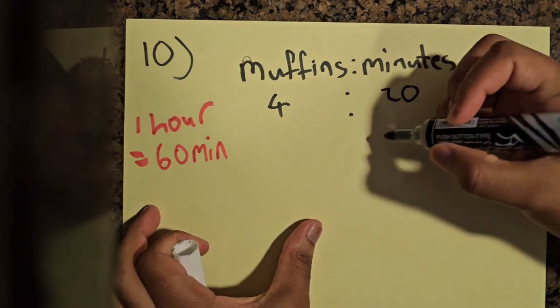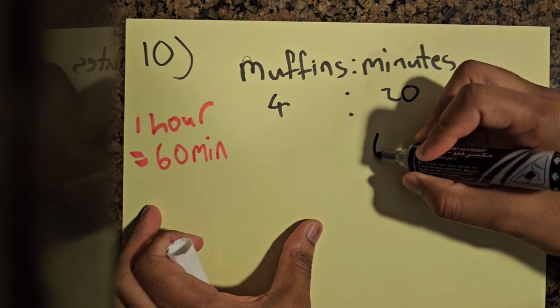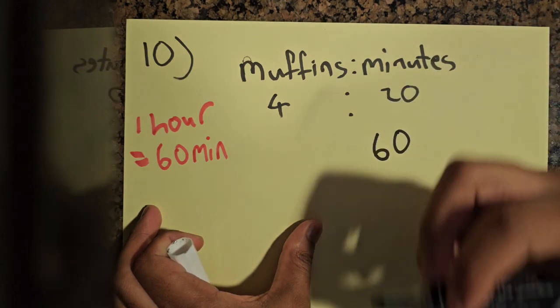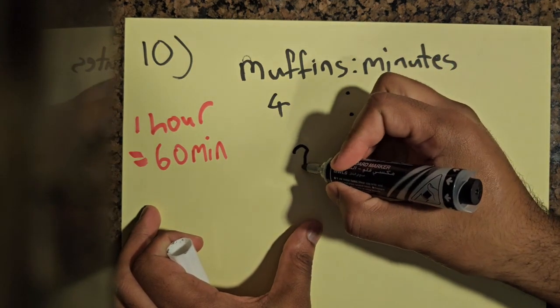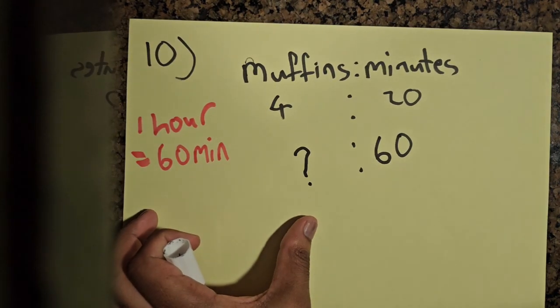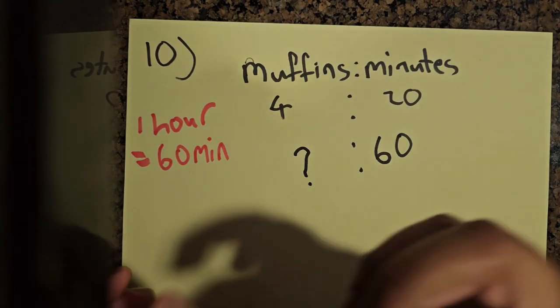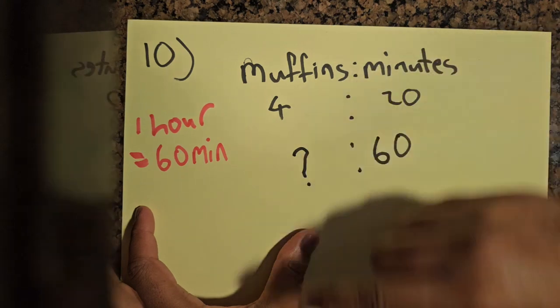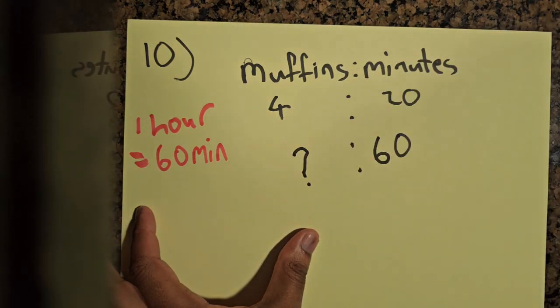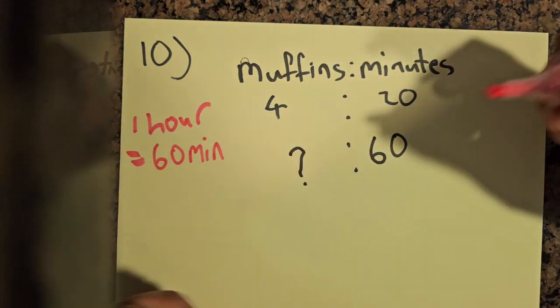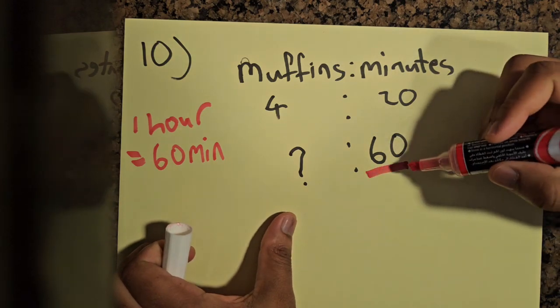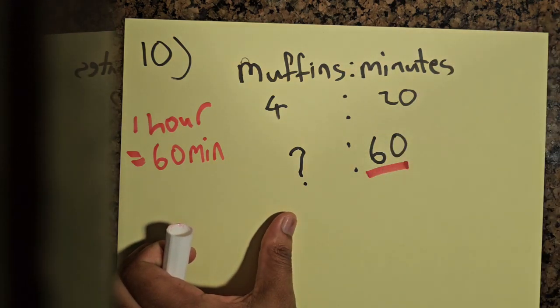So they tell us that she has 60 minutes, or they want to know in 60 minutes, how many muffins can she make? So what we need to do now, it's the same process, except I'm not going to divide the left-hand side first. I'm going to divide the right-hand side first. Okay. So I'm going to say this number 60 is on the right. I'm going to divide it with the right-hand side of the ratio.